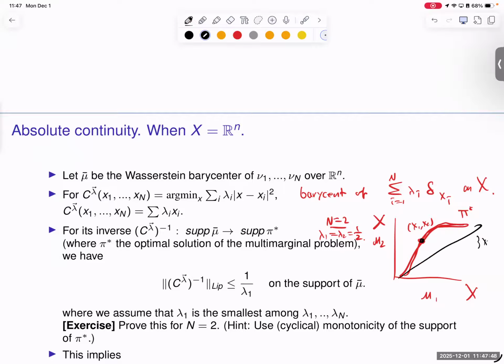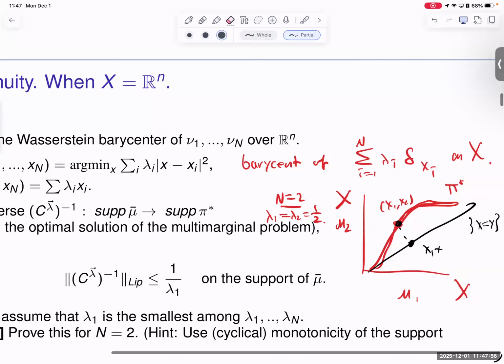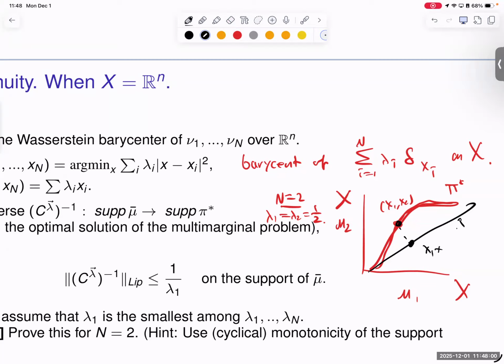So you have this diagonal set, which is x_1 equal to x_2.